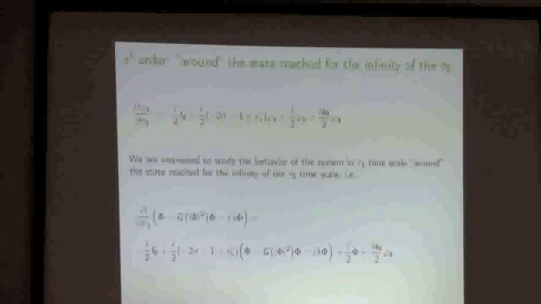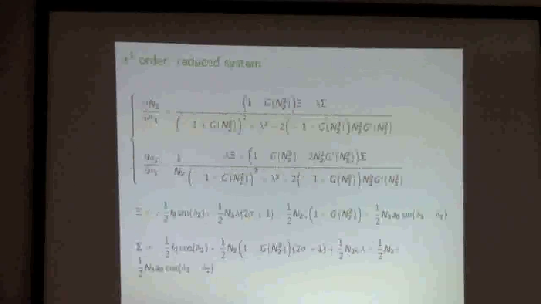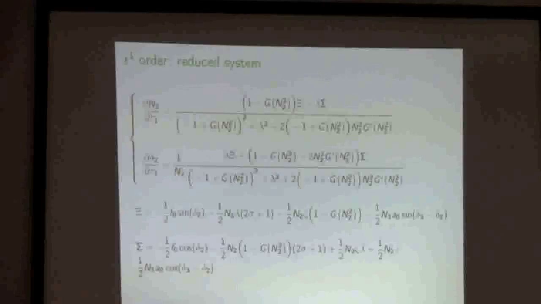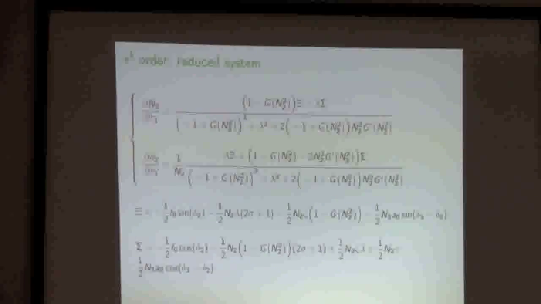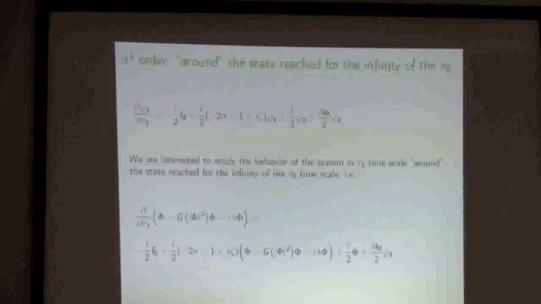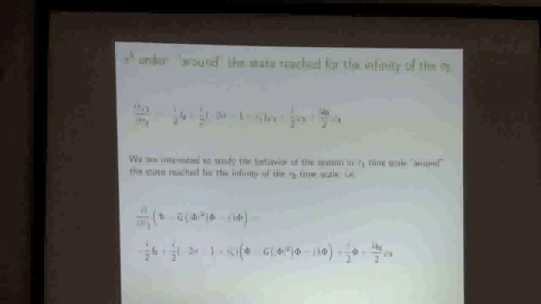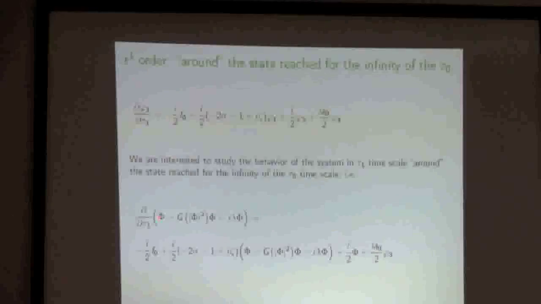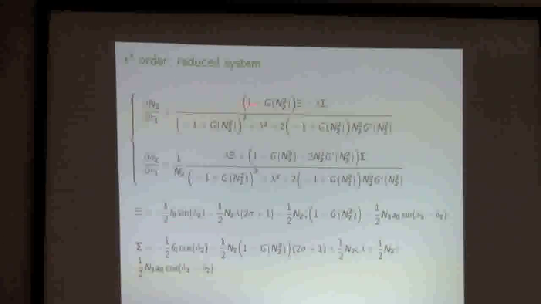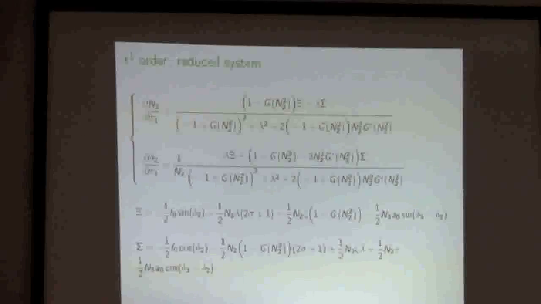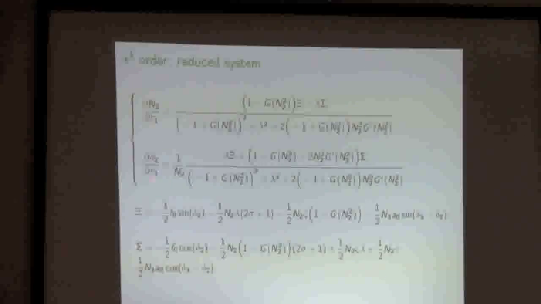And you see that here I have still phi 3. But it is possible to introduce, in the same way I already did, the polar form of capital phi, n2 exponential i delta 2, and it is possible to reduce the dynamics of the 5-dimensional differential system, the initial system, to 2 differential equations.